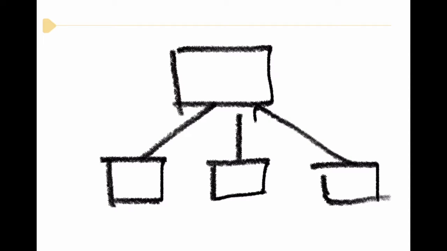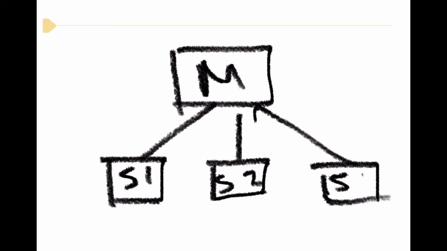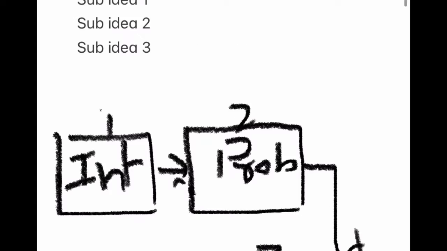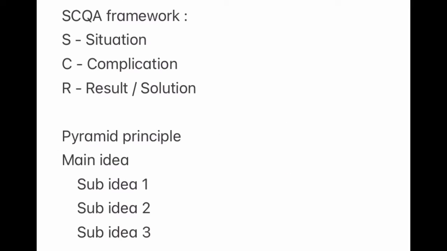So this is the main idea, this is sub idea 1, sub idea 2, sub idea 3. So that's what we are talking about, right? In the pyramid principle, each slide can have multiple sub slides within it, and that conveys the overall message completely. So these two frameworks we saw show how we can think about it and try to come up with the flow of your slides.